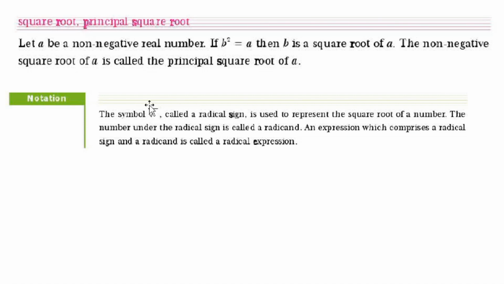This symbol is called a radical sign, and is used to represent the square root of a number. The number under the radical sign is called the radicand. An expression which comprises a radical sign and a radicand is called a radical expression.